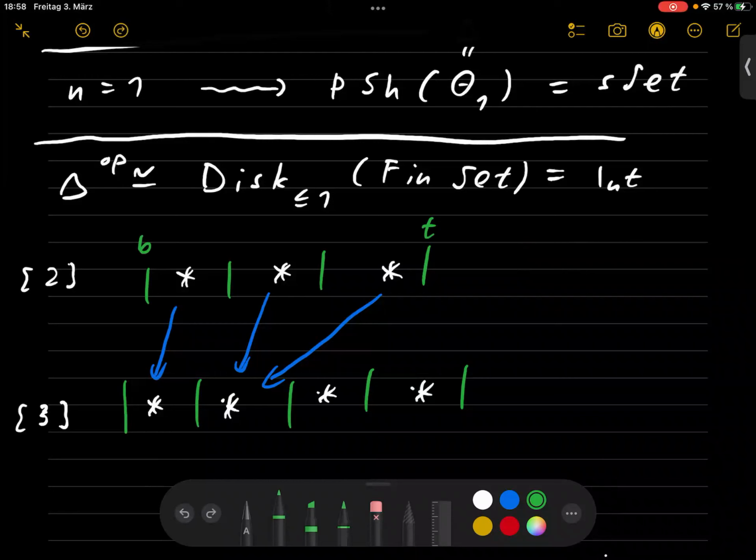So these are strict intervals and finite ones. And now for the morphism, we just go from an interval here. There's a unique way to draw an arrow that doesn't intersect any of the previously drawn ones. And this is what you do.